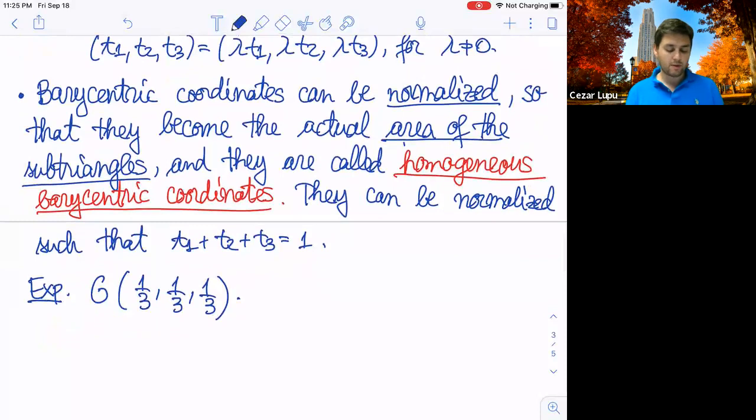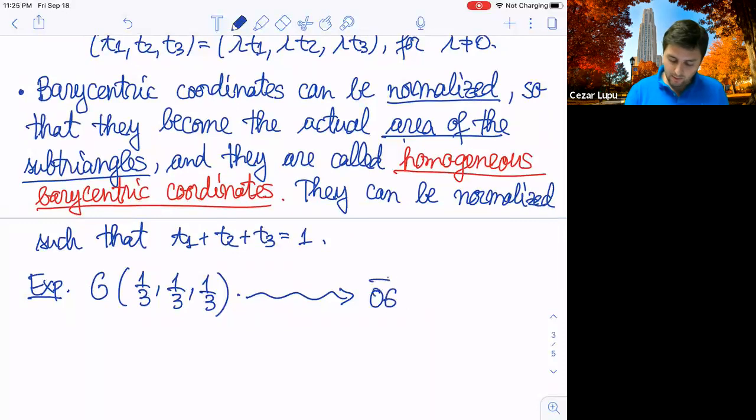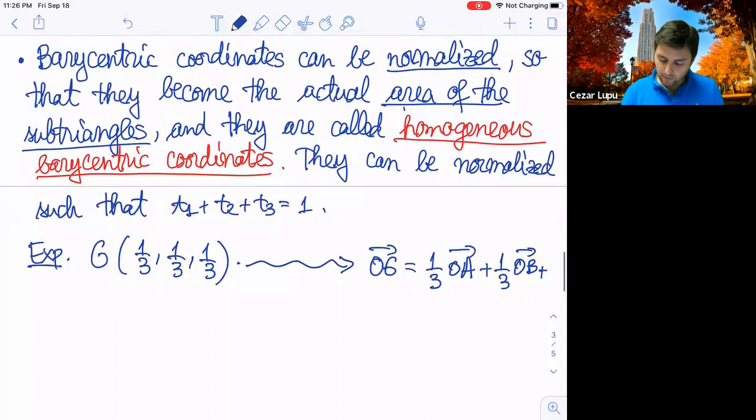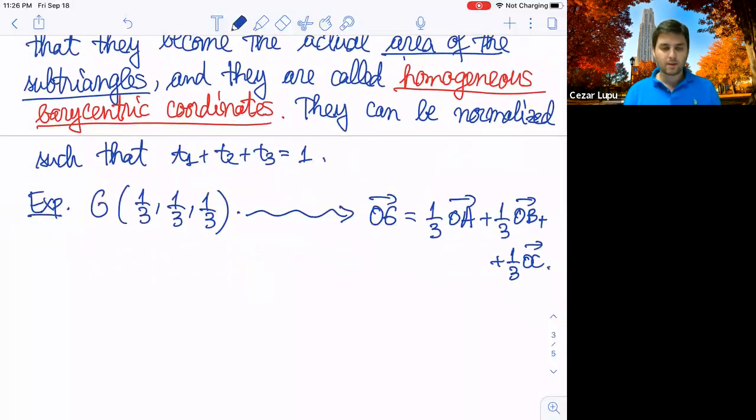Since we normalize this, because this comes from the fact that the vector OG is 1/3 OA vector plus 1/3 OB vector plus 1/3 OC vector. So this is where you're getting this, right?